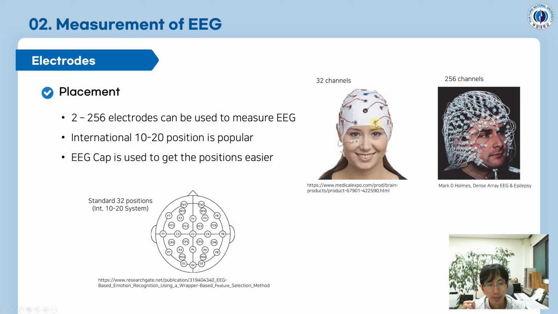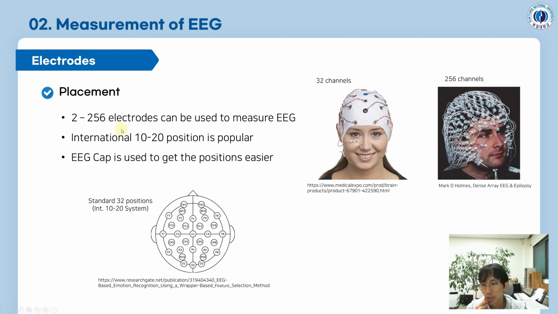The electrodes are the parts to put on our skin and record the brain activities, or we can also use these signals to record other activities of our bodies, but here let me just talk about the EEG.